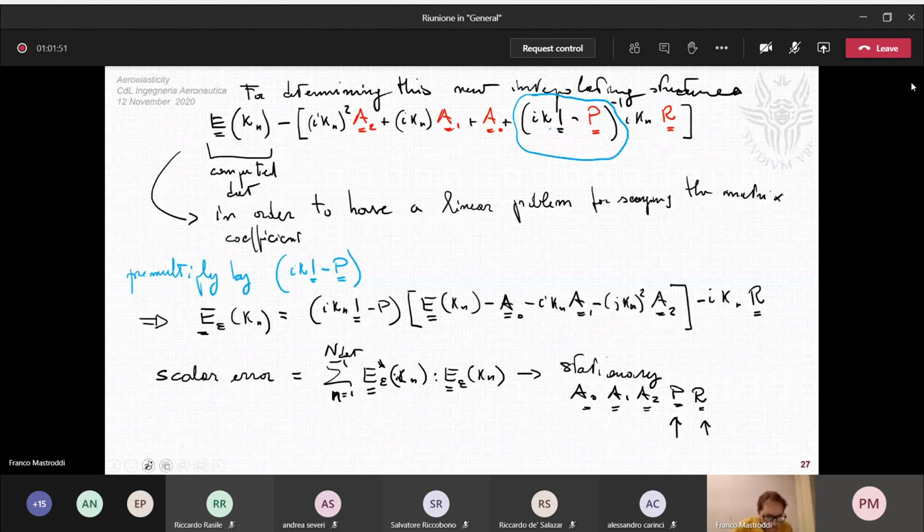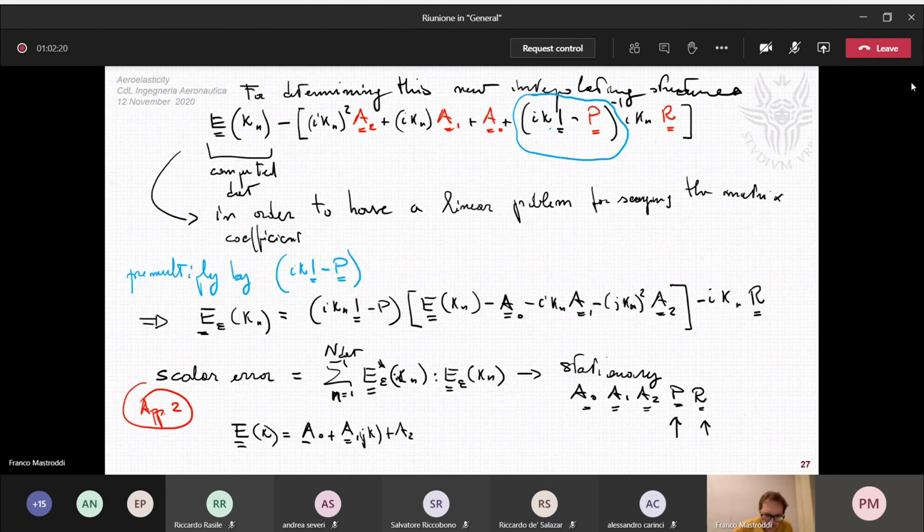At the moment we have as final formula, for example for the case of approximation 2, our aerodynamic matrix E as a function of k equal to A0 plus A1 jk plus A2 jk to the power 2, with the coefficient matrices A0, A1, A2 already determined, and the other term: jk identity matrix minus P matrix to the power minus 1, and finally jk by R.